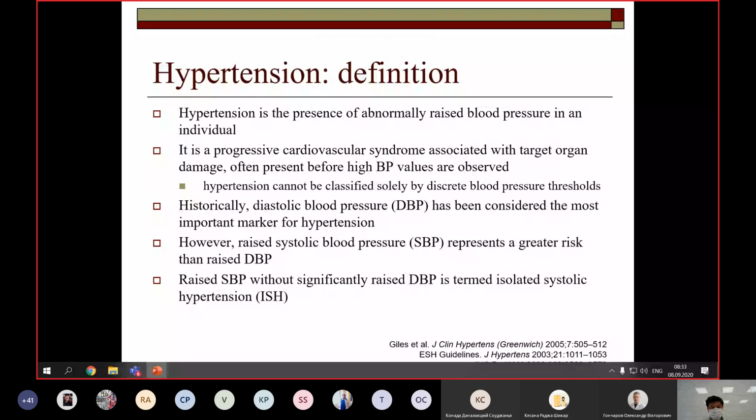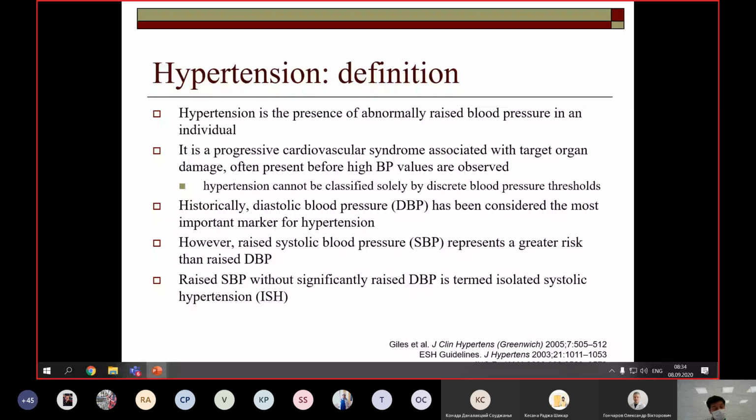Hypertension is associated with either systolic blood pressure elevation or diastolic blood pressure elevation or both. The rise of both systolic and diastolic BP is the main factor contributing to increased cardiovascular risk.